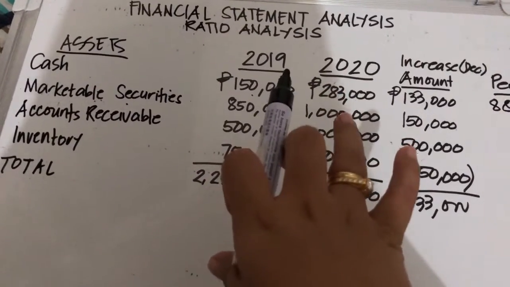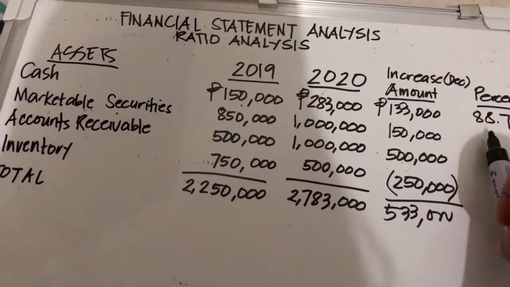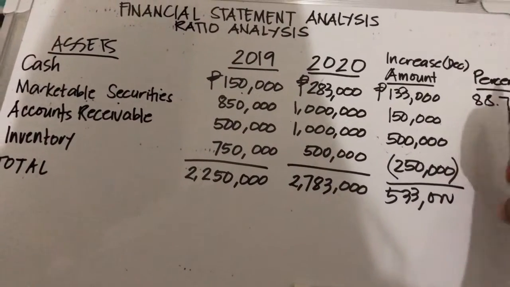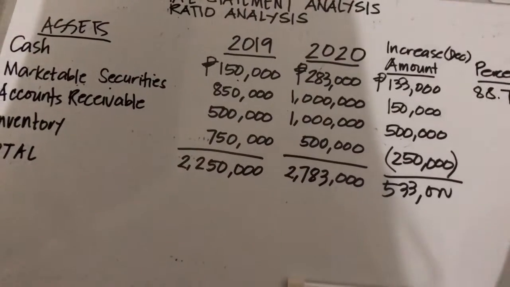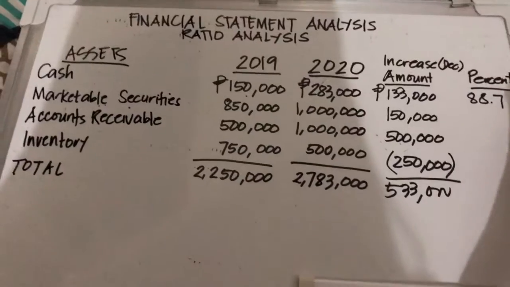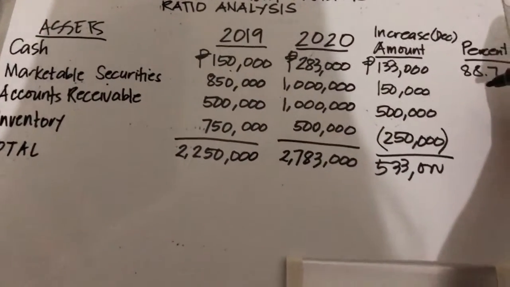If you're going to analyze, nag-increase yung cash ng company na ito by 88.7. So, meaning, we can say na it's getting better. The company is gaining. Diba? So, next is yung marketable securities.